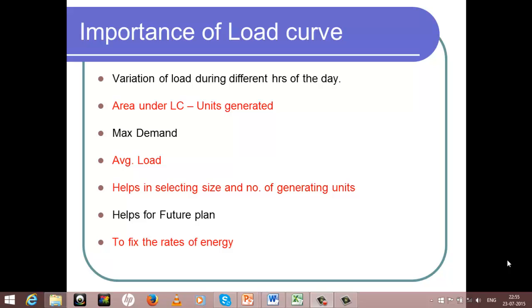Apart from this, we can plan for the future, what size we have to fix for the upcoming years. If there is an increase in load demand, then we have to increase the size of the generating units. So these load curves are helpful in selecting the size of the generating units for future expansion. Also, the load curve helps to fix the tariff of the energy.